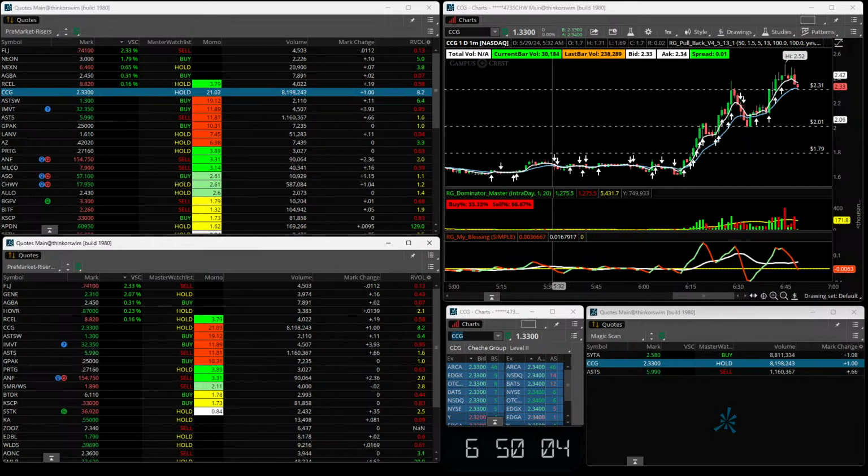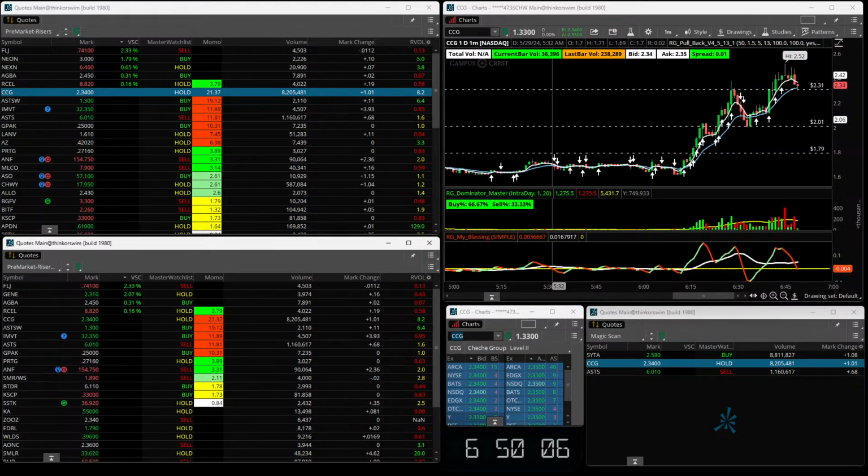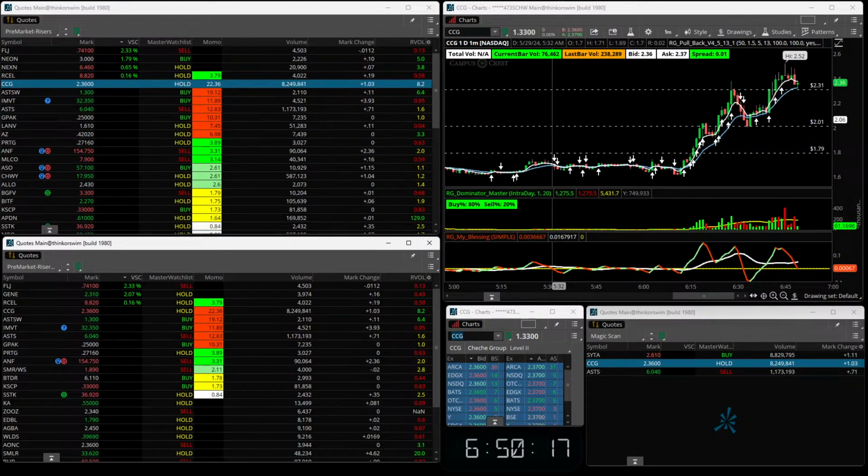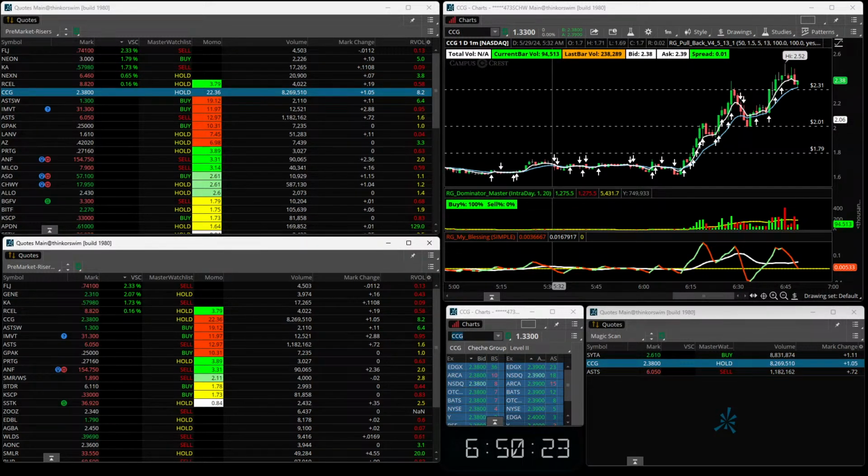Looks like we may be selling off here or going back down to that retest of 230 I said earlier. We did spike down pretty close to it. If we can stay above 230, there may be more to come later.